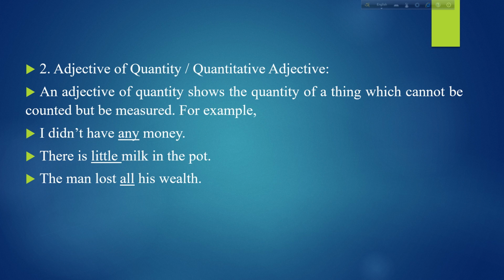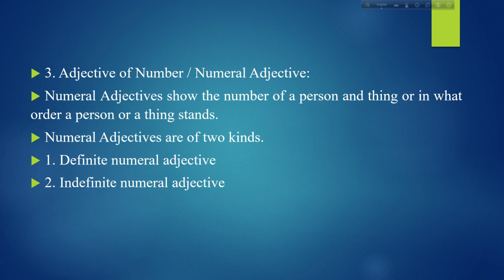I didn't have any money, any. There is little milk in the pot, little. The man lost all his wealth, all. Here, any, little, all, these are adjectives of quantity because these are showing the quantity of things which cannot be counted but can be measured. If it is counted, then it will go to numeral adjective, indefinite numeral adjective. We'll see it later.